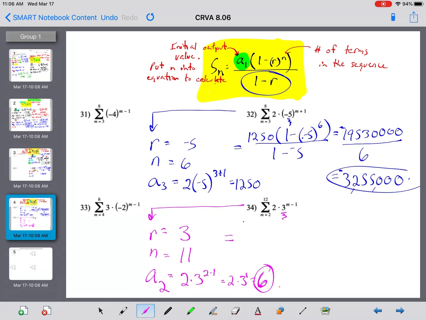So the sum of the series is going to be 6 times 1 minus the rate in parentheses raised to the number of terms, which is 11. Let's get rid of that squiggle so it doesn't look so messy. Divided by 1 minus the rate. But let's figure out what this top output is first.